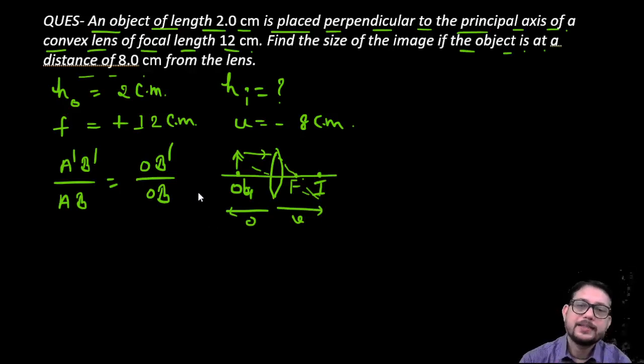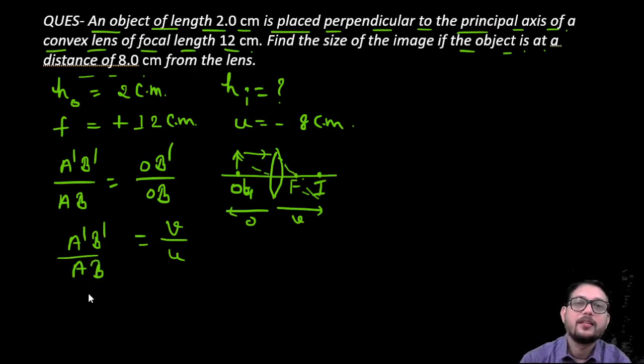So OB' is basically v, and that is u, and this is A'B' upon AB.